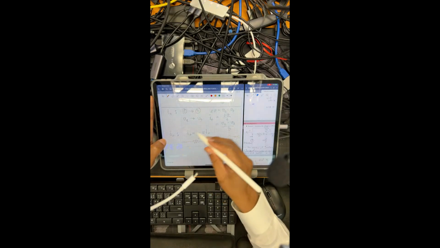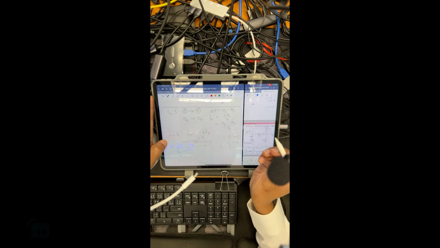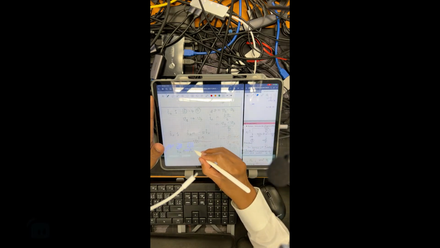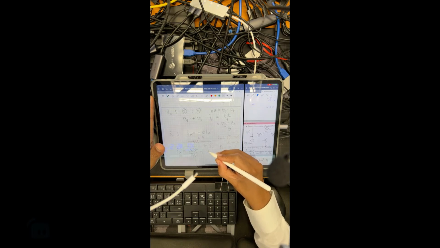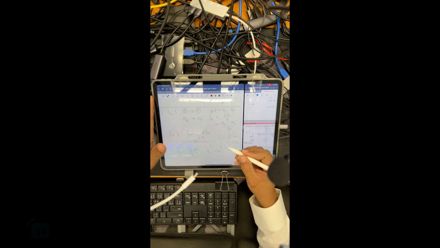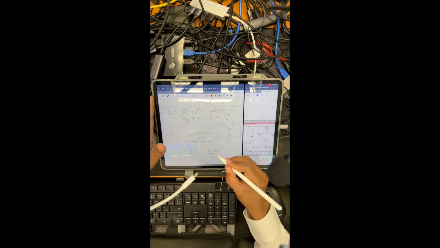So IX is, what is that? IX is delta V divided by R, which is V1 minus V2 divided by R. The resistor is 2 ohm, so we're going to have it like this.